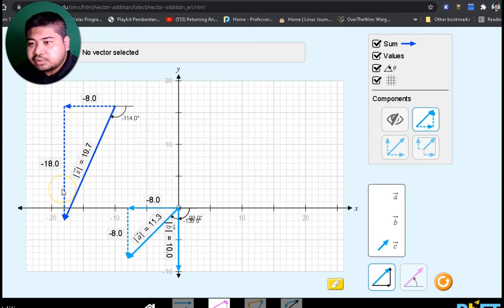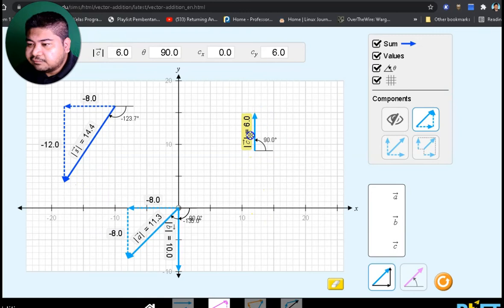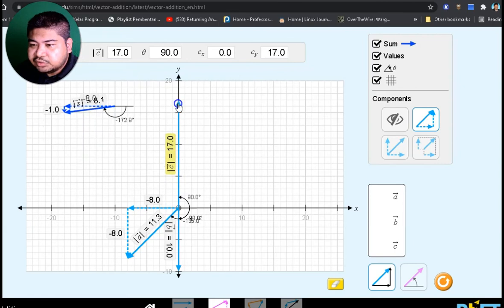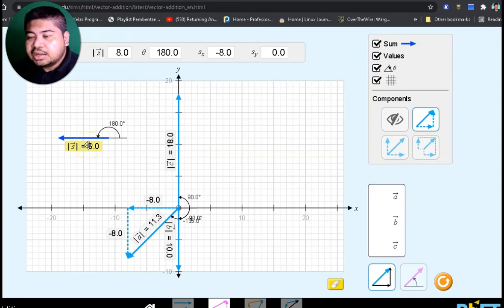Alright, from the equation that we have established earlier, we know that the force in the y-axis is balanced, which means that the normal force is going to be the force that cancels out the negative 18, so the magnitude of the normal is positive 18 Newtons. Now the resultant is showing us that it only has a horizontal component, so the resultant force is 8 Newtons pointing in the negative x direction.